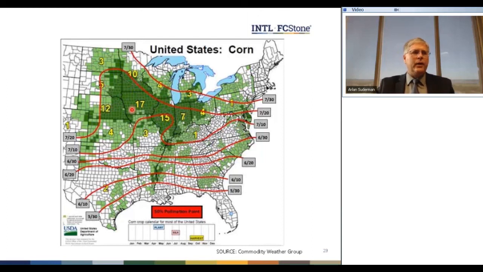But then as we get into the 16 to 30-day, we get pretty much normal to above normal rainfall in the forecast for virtually all of that area. So it has to hang on until that point. And I know some of it doesn't have the root system, it's going to be a challenge, but that's what traders are looking at.